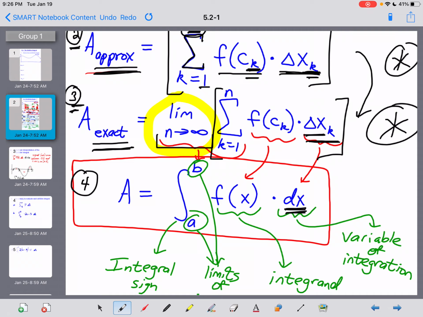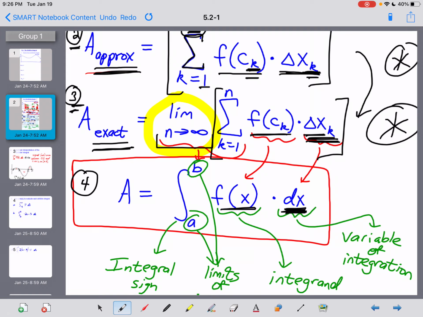And just in case you aren't familiar, the alphabet that we use today in English is pretty much still the Roman alphabet. That's part of the reason that one of the most basic fonts on your computers these days is Times New Roman. All right, so the delta x sub k now got replaced by dx at the end. The f of c sub k, which was the height of your kth rectangle, now just generically became f of x.